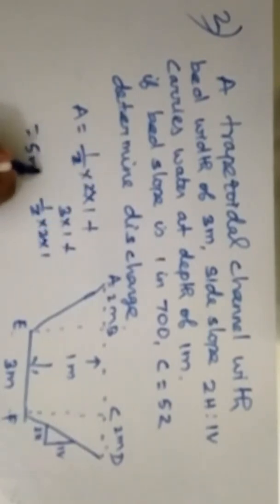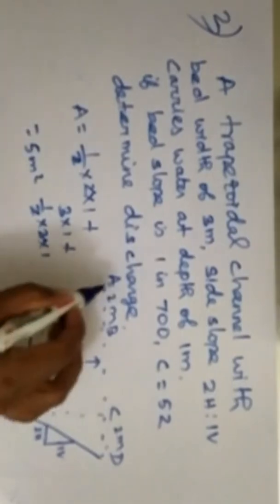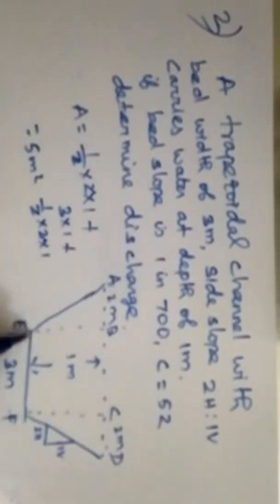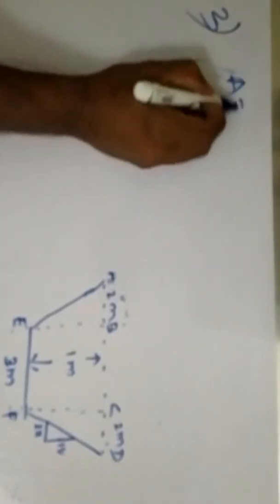That gives 5 meter square. Then I can easily calculate the perimeter. I know what A value is. A means area, and the area value is 5 meter square.